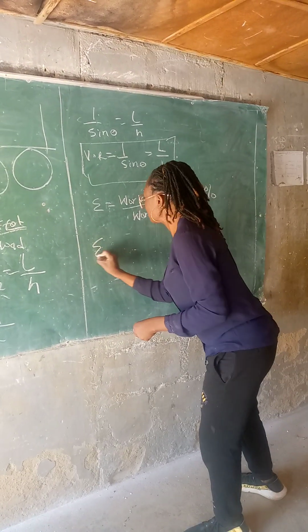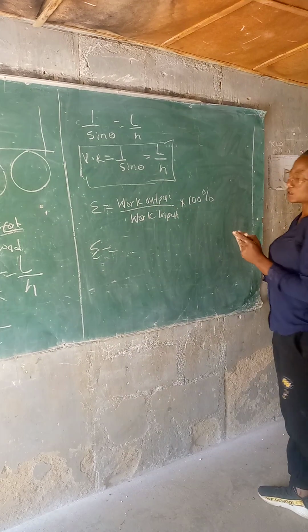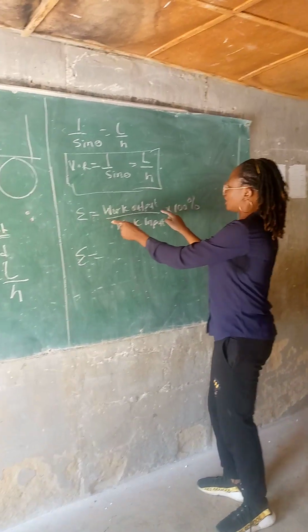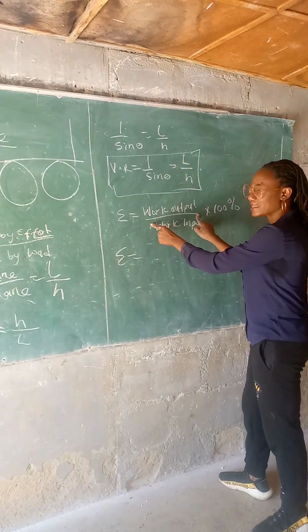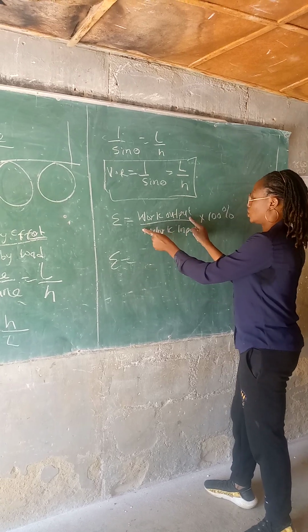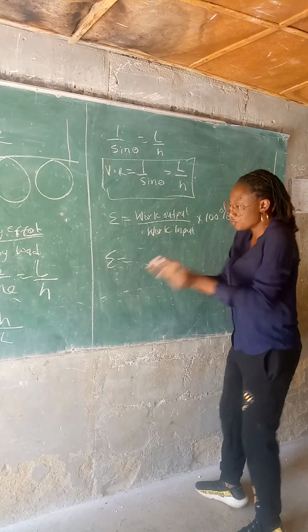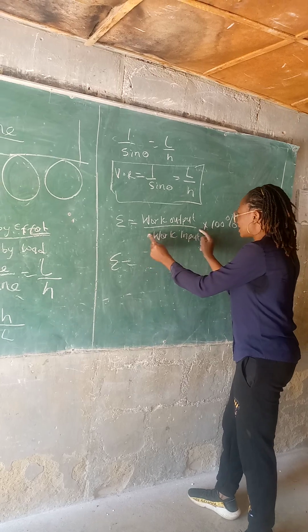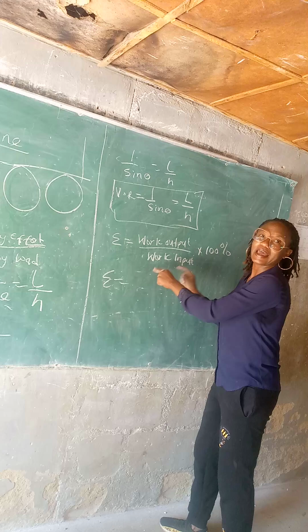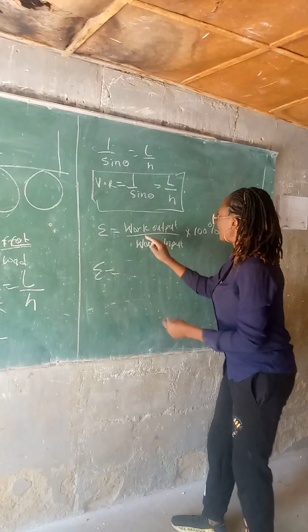The work output is simply force times distance. But when it comes to the output, it has to do with everything that has to do with load, while the work input has everything to do with effort.